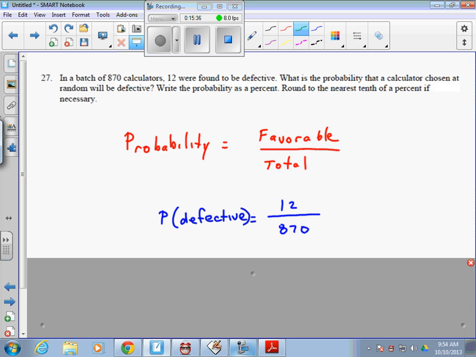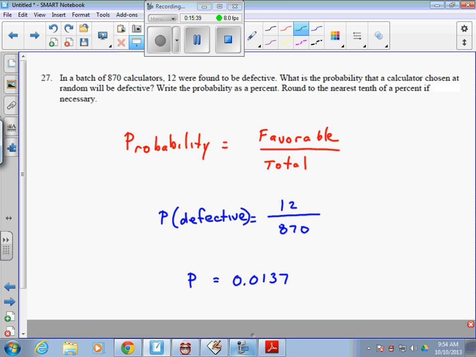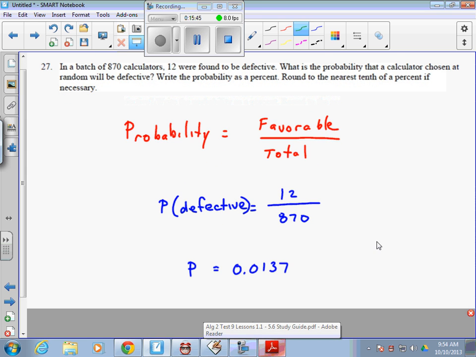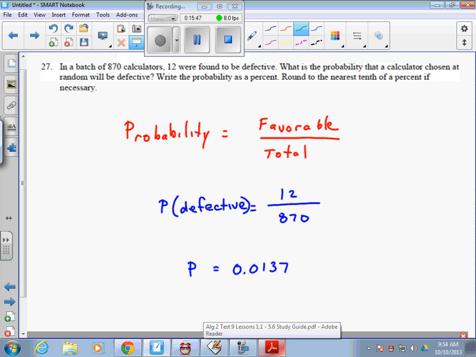When you divide 12 by 870, you get P equals 0.0137. But now it says to write it as a percent. In order to write it as a percent, that means per 100. So you have to move the decimal place 1 time, 2 times. You have to move it past the hundredths place. So that gives you 1.37, and there were a bunch of numbers that came after that. But then the last part says rounded to the nearest tenth of a percent. So that means the digit right after the decimal.